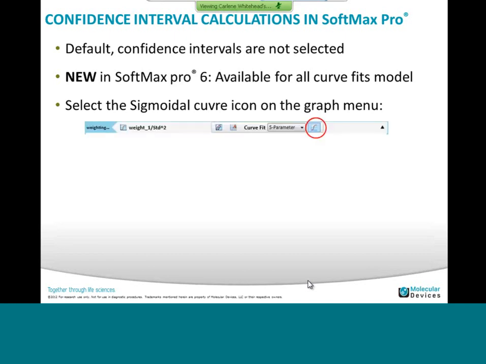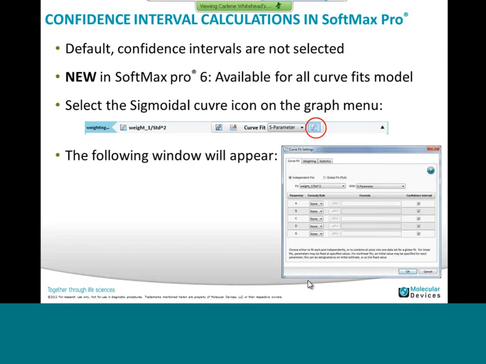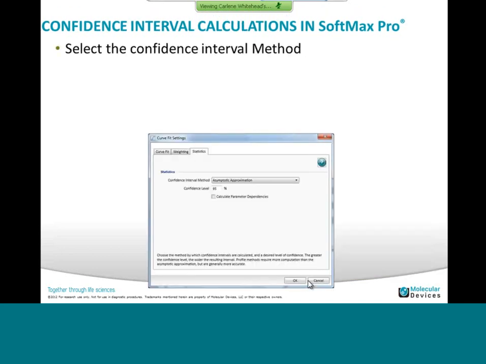So once again, you will have to select the sigmoidal curve icon on the graph menu, and then select the statistic option. In the statistic option, you will have to select the confidence interval method, and a drop-down menu helps you choose between the asymptotic approximation or the profile likelihood method.